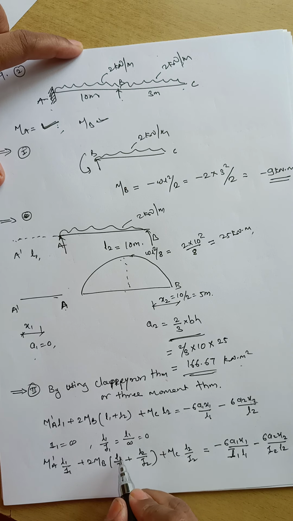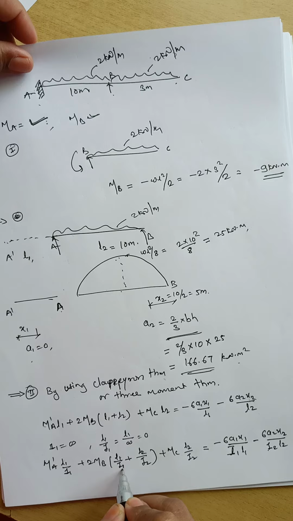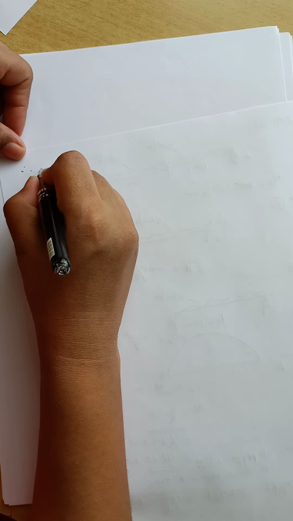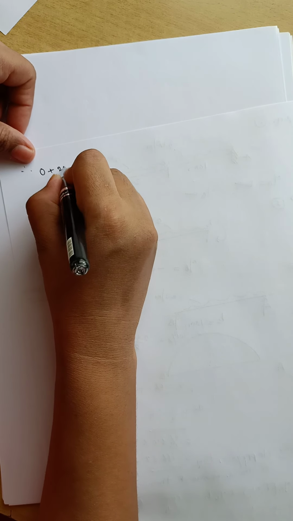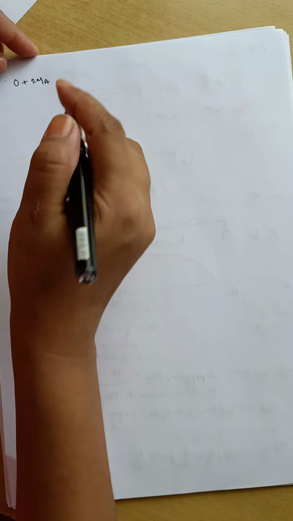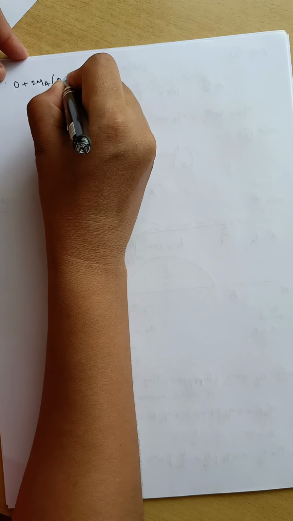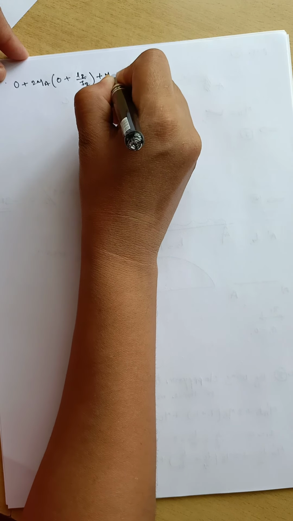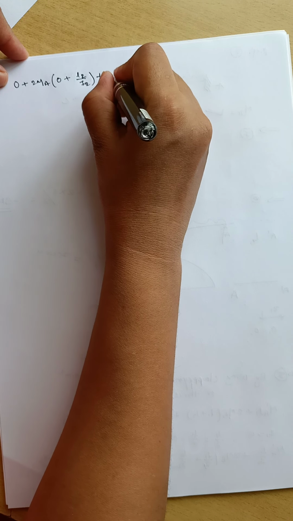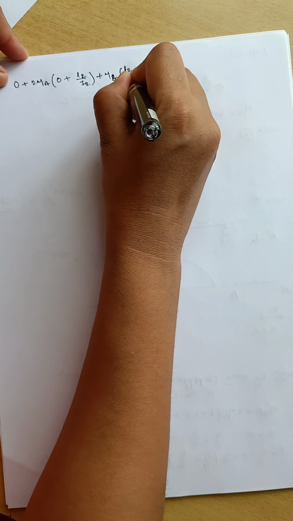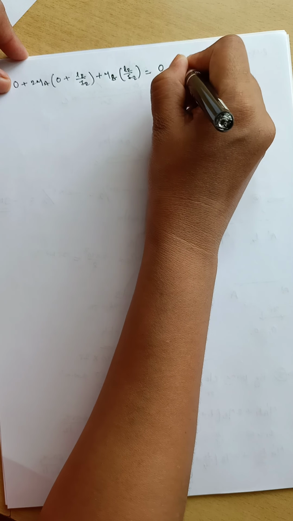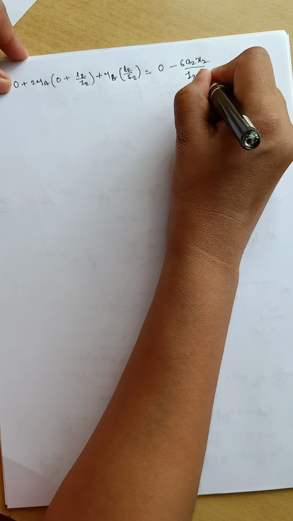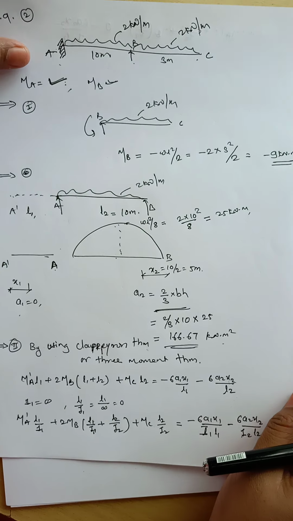Now L1 upon I1 is 0, so the equation becomes 0 plus twice MB times L2 upon I2 plus MC L2 upon I2 is equal to, there also 0, minus 6 A2 X2 upon I2 L2.